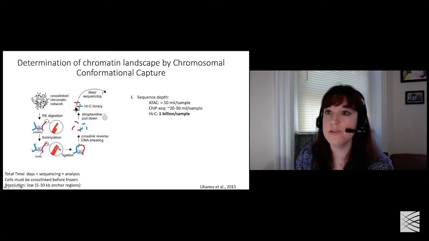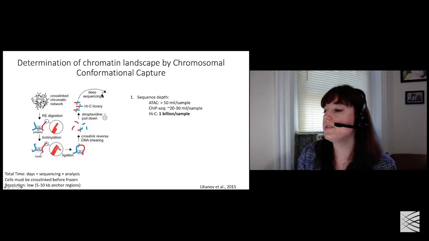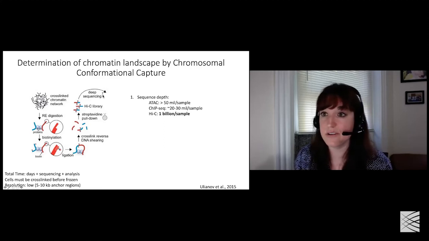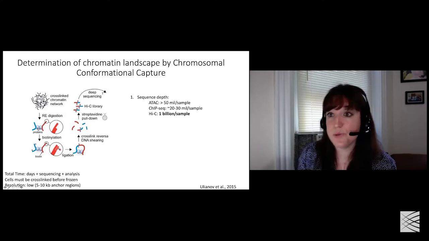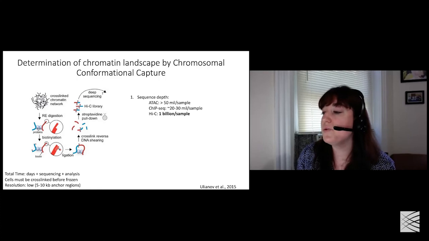So you add your adapters, and you do next generation sequencing of these fragments. And I will say, here's another big difference between Hi-C and all of the other techniques. Even though you only need about 10 million cells to do this experiment, you need to sequence at a really high depth.